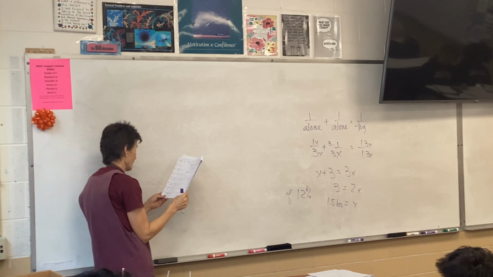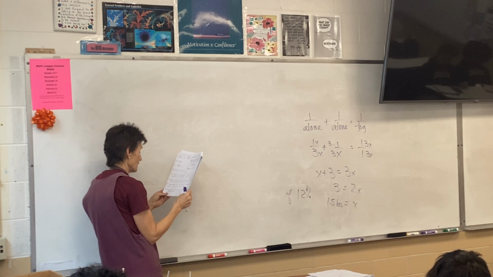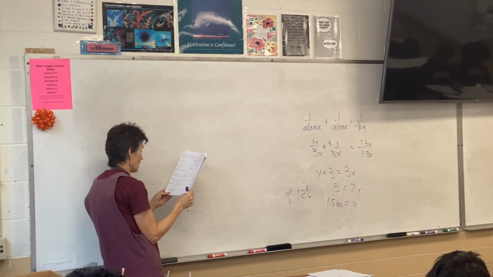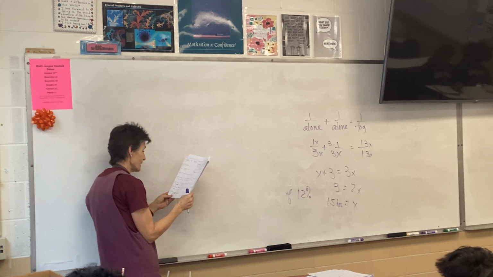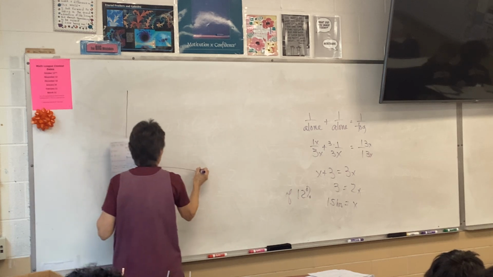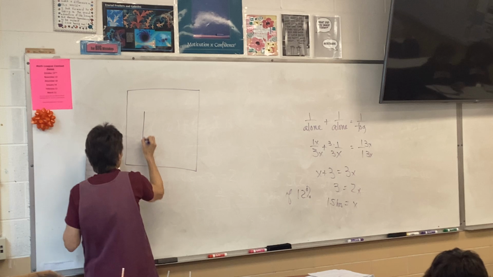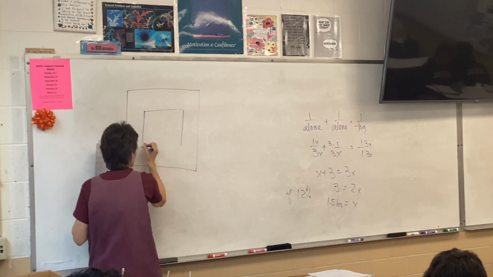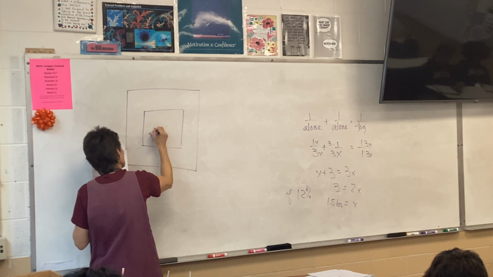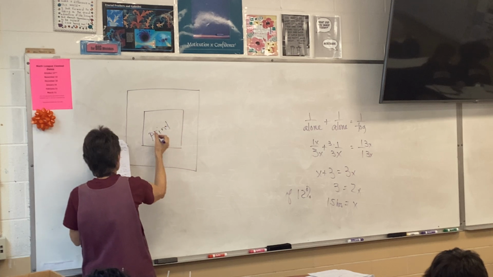Number 8. Minimize the paper to accommodate 120 square inches of print with the indicated margins. Okay, so I have a piece of paper, and I am going to have some words in here. This is where my typing is, my story, or whatever is in there.